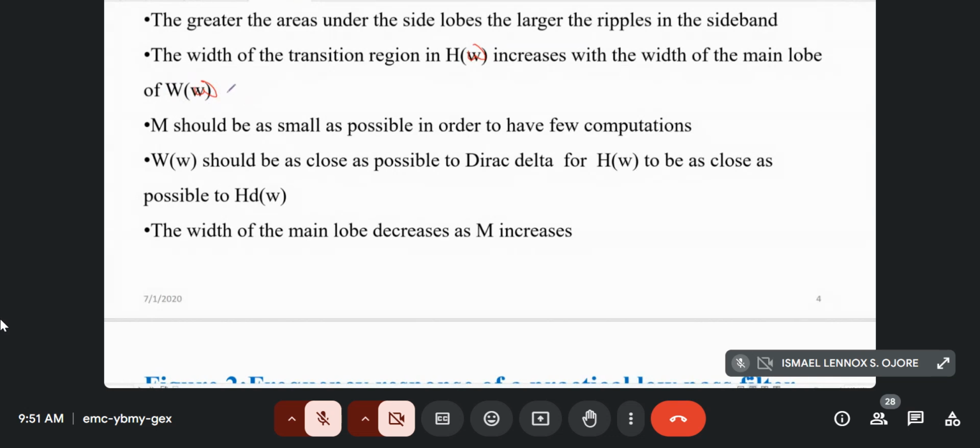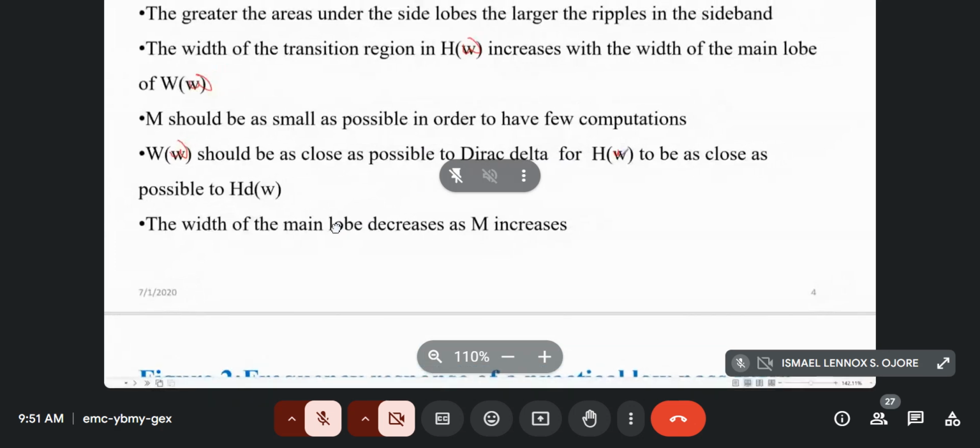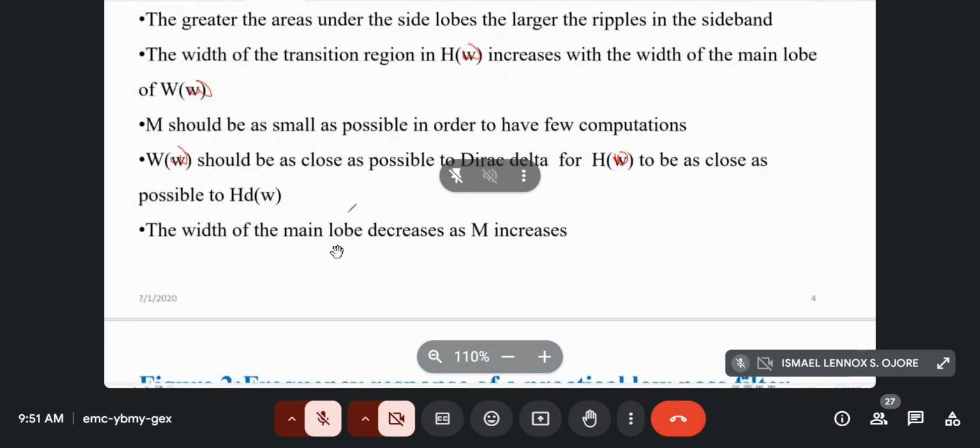This means the spectrum of the window. This spectrum of the window should be as close as possible so that HW is as close as possible. So you can see what we are saying.